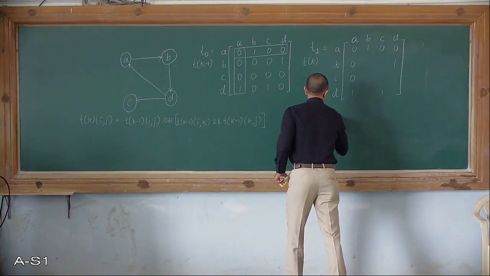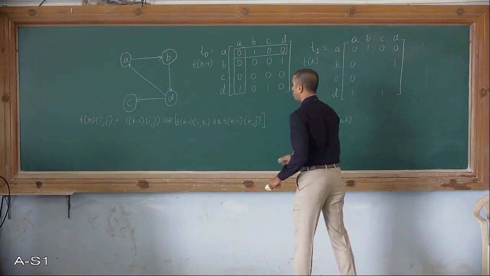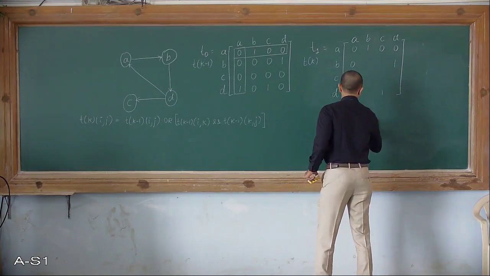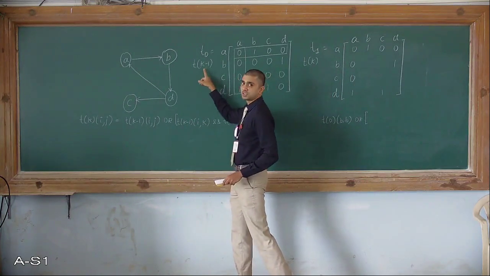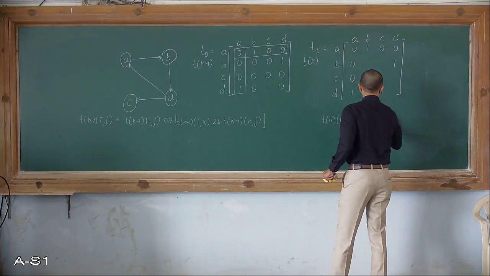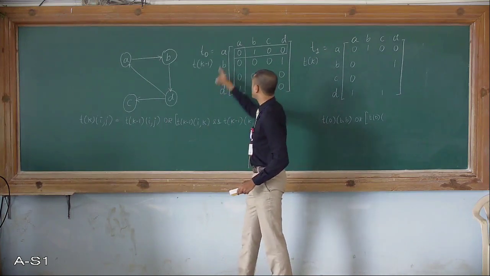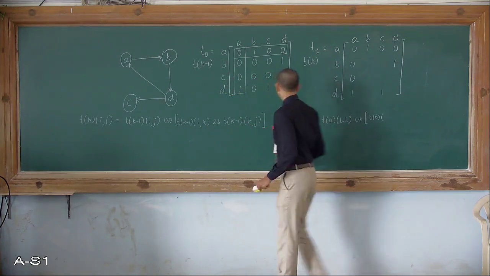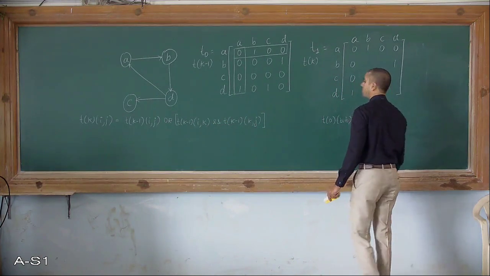T of 0, b comma b, or T of k minus 1. K minus 1 is this, T of 0. So T of 0, i comma k. What is the intermediate vertex now? A. So i comma k, it is b comma a.